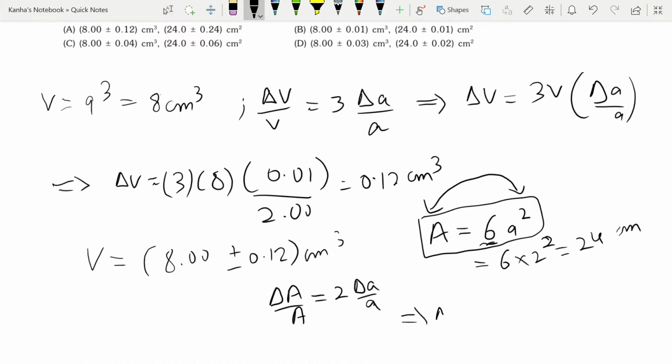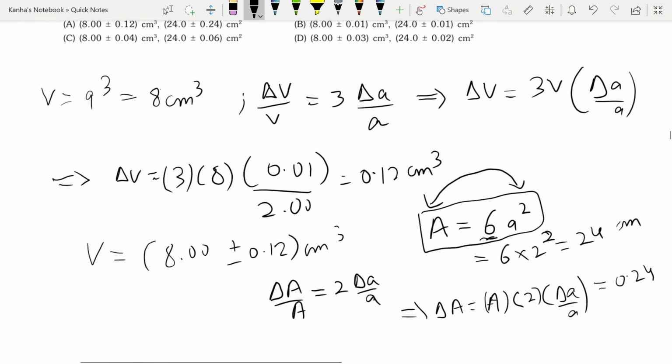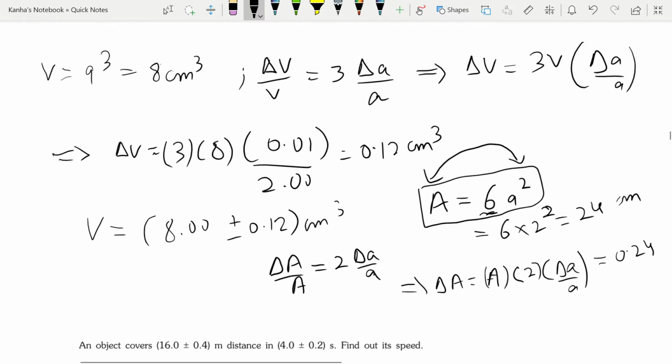That implies delta A is equal to A times 2 into delta small a by a. If you just substitute the values, you will see that this turns out to be 0.24. Therefore I can write my A as 24.0 plus minus 0.24 centimeter square.